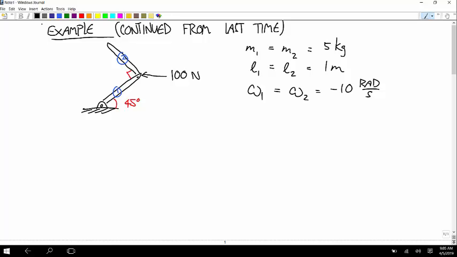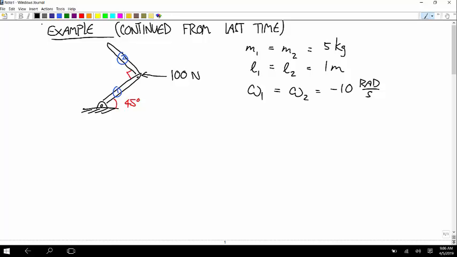Since it has a fixed point, we didn't have to use Newton's second law, so we don't have the acceleration of the center of mass as a variable, and we only use the rotational equation. So we get one good equation for member 1.